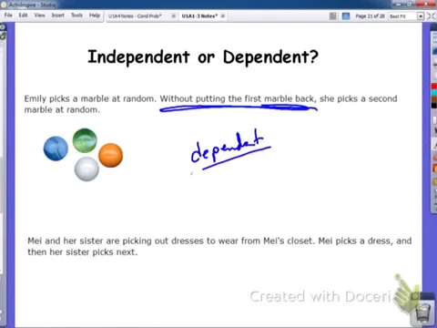She picks next. But when her sister picks, does she get the full range of options? What do you say, Alyssa? Why doesn't she get the full range of options? Because May's already picked out one of the dresses, right? She's already hitting the town. So this is a dependent situation.